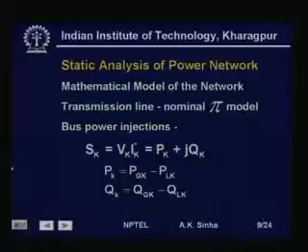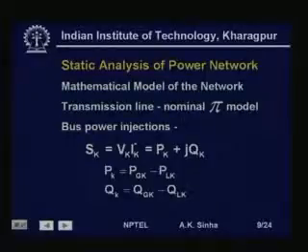So, we can write the injection at any bus k as Sk. This is the complex power injection, which is Pk plus jQk, and we know this Pk plus jQk is equal to Vk into Ik conjugate, where Vk is the voltage phasor at that bus and Ik is the current injection phasor at that bus.